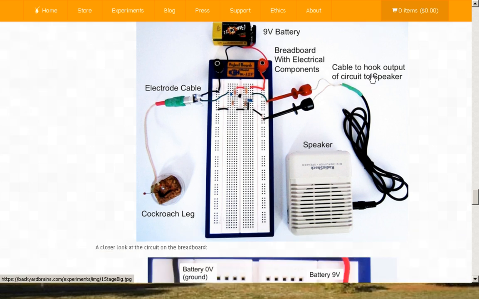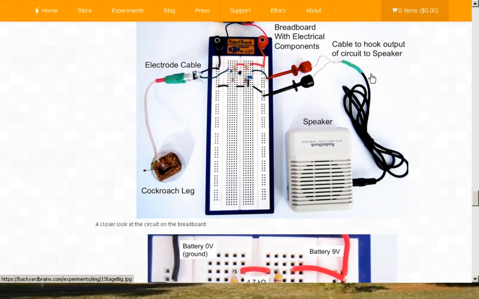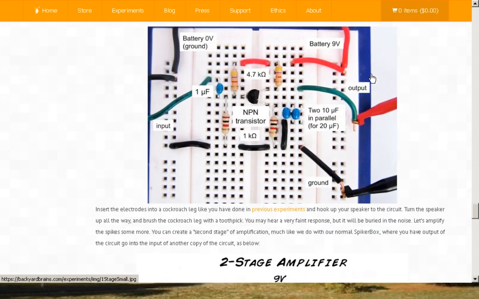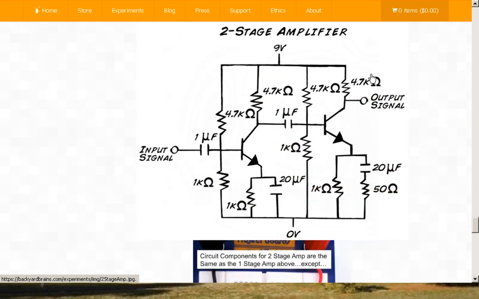What the hell? Brush the cockroach leg with a toothpick. Huh. A two-stage amplifier. Oh, it's using the same components.